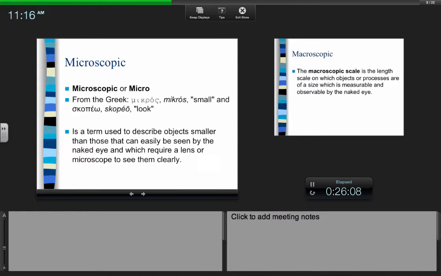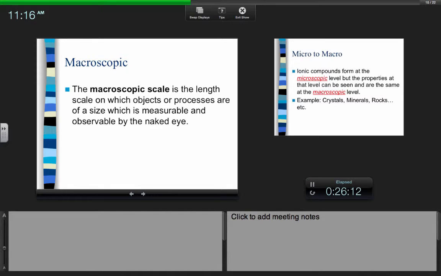If we can see it with our own eyes, it is macroscopic, without the aid of any device. In all reality, you're macroscopic. We like to say you're microscopic because it's funny.